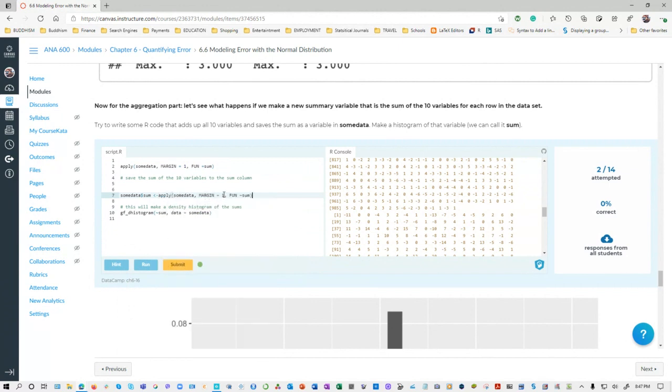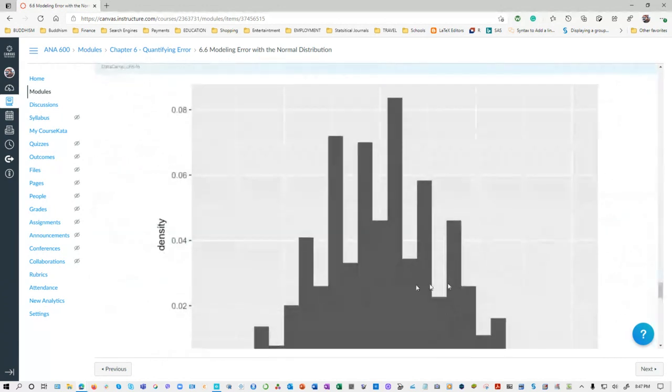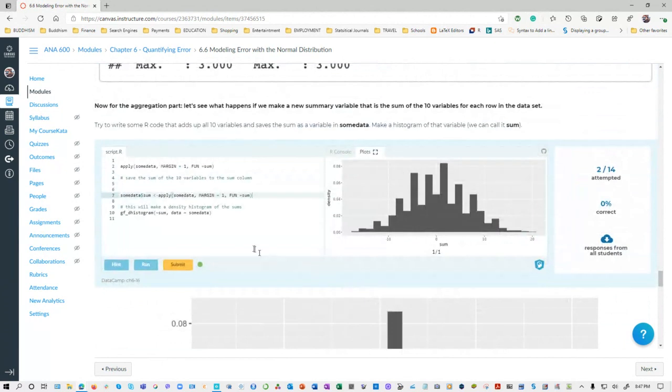Then that means that you are doing the summation row wise. Okay, and then draw the histogram for the sum. It's been saved back to this data, and then run this. It's not exactly the same thing. It should be different.